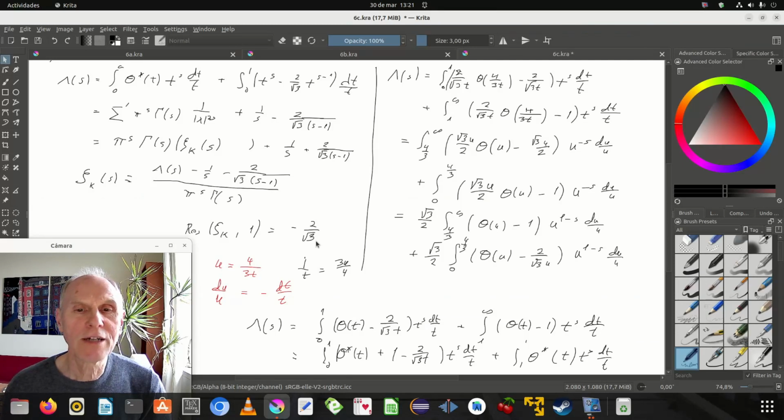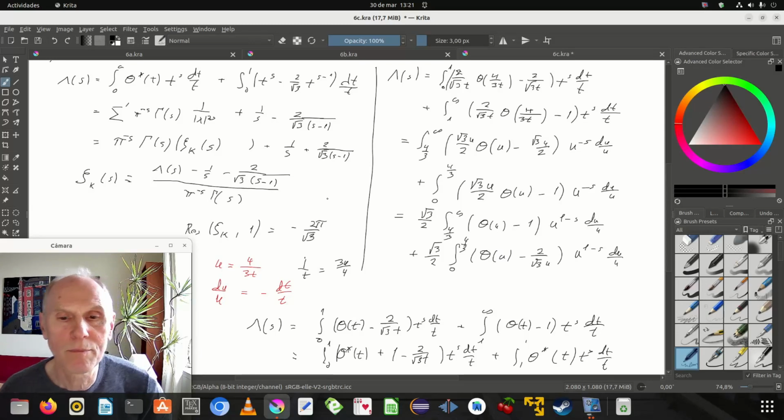So that means pi should be in the, and that's because it's pi to minus s here. So there's another mistake here. It should be pi to minus s. So we get a pi up here. And that means that I did get the reciprocity relation.